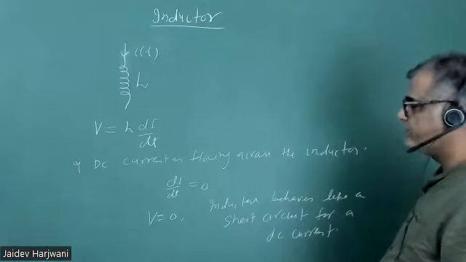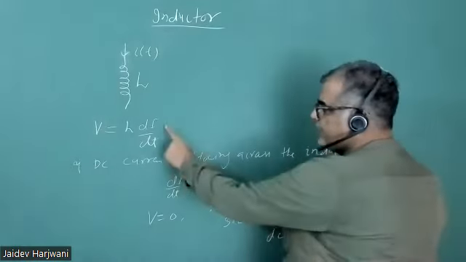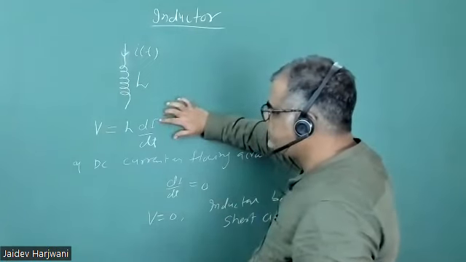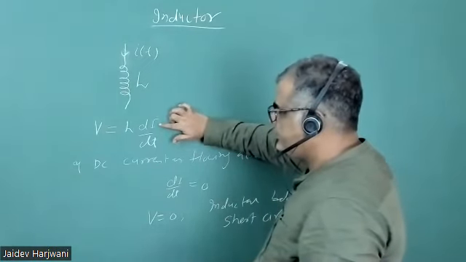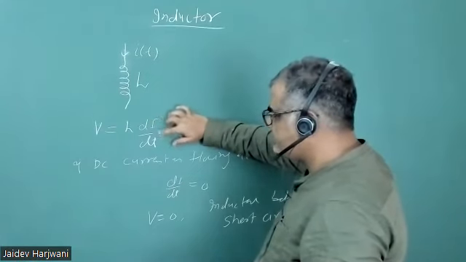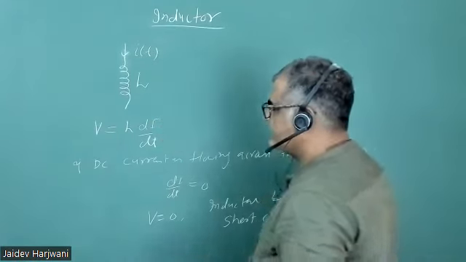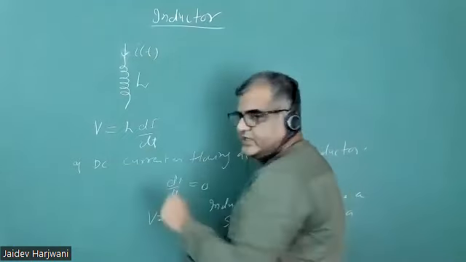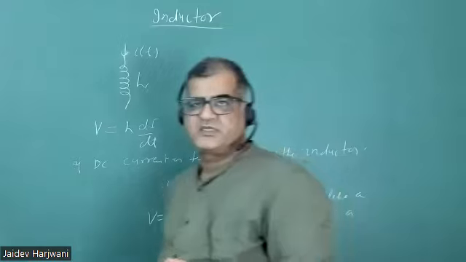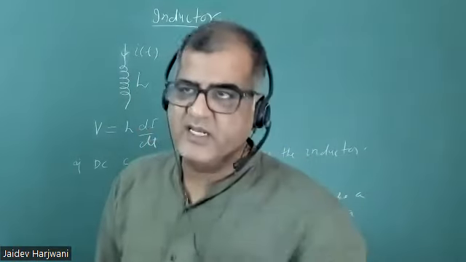And one more thing you have to remember here, because there is L di by dt. If you are applying a sudden change of current in the circuit, then what will happen? You require a very high voltage to develop, and that is not possible. Like the capacitor, where the voltage suddenly cannot change.